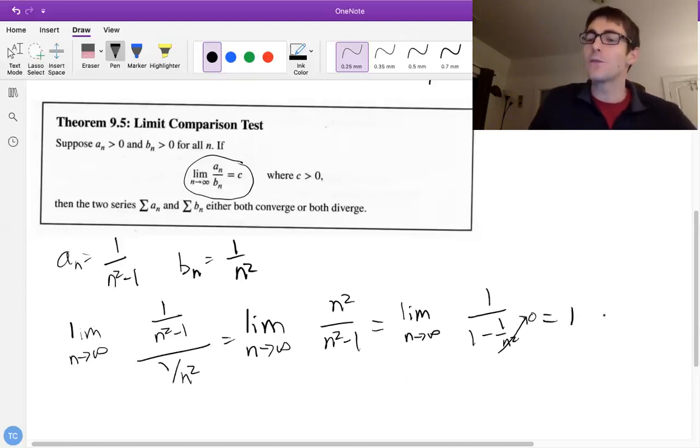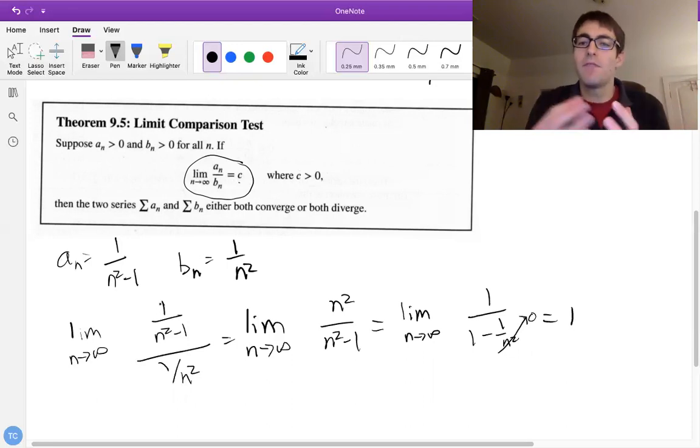Okay, so because the answer that we got here is some constant c that's bigger than 0, what this is telling us is a_n and b_n are similar enough that their series, the sum of these things, either both converge or both diverge. Whatever the behavior of b_n is, that's the same behavior of a_n.